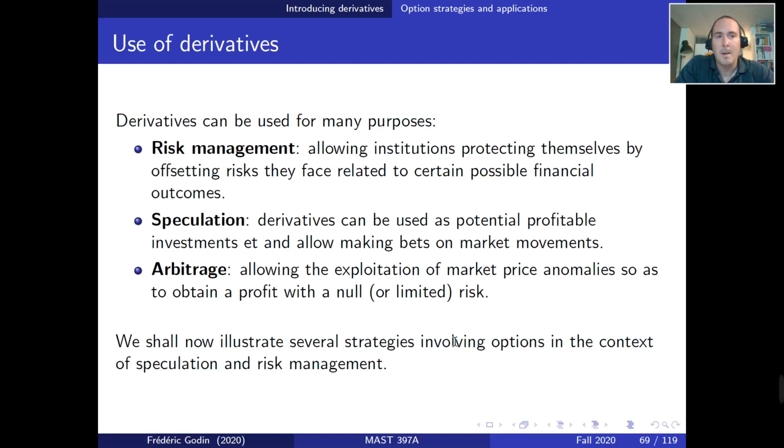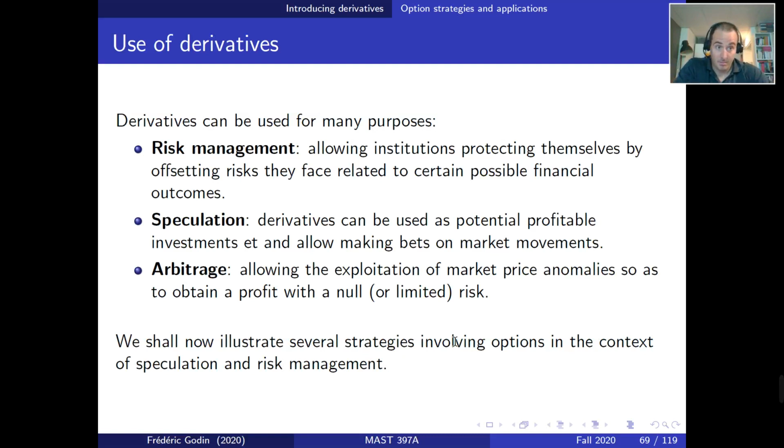Options provide payoffs which are contingent on certain situations occurring. For example, they provide a payoff if the stock price increases beyond some threshold or goes below some threshold. So they pay cash flows contingent on some situation.